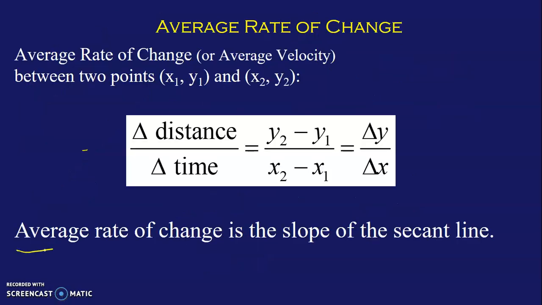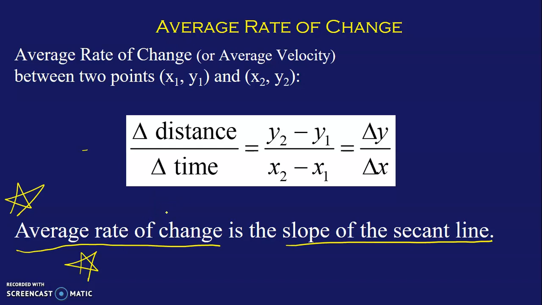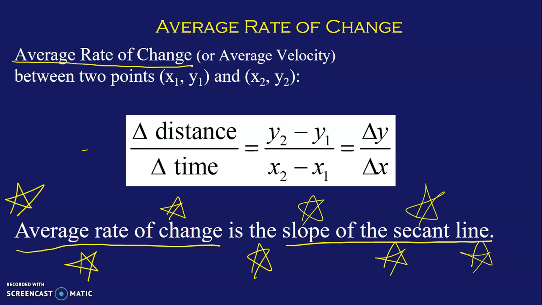So again, average rate of change is the slope of the secant line. Wherever you're taking notes, put this one in real big writing, because this is a really important one. Anytime it's asked for the average rate of change, just find the slope. And it is important that you show the slope calculation, and I'll talk about that in a second.